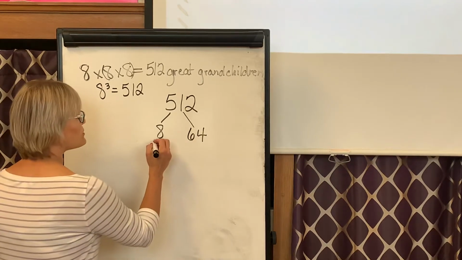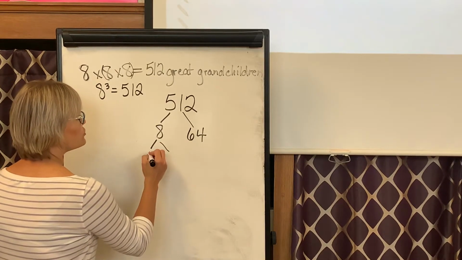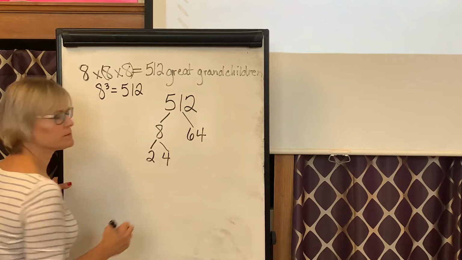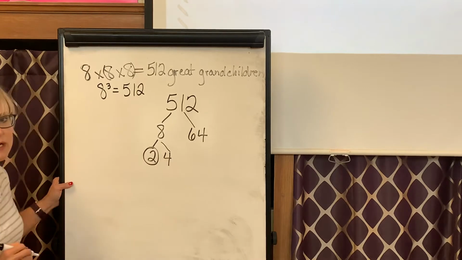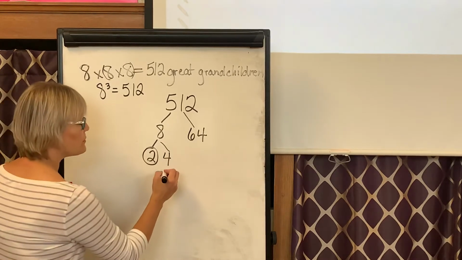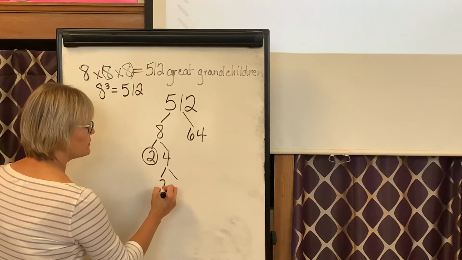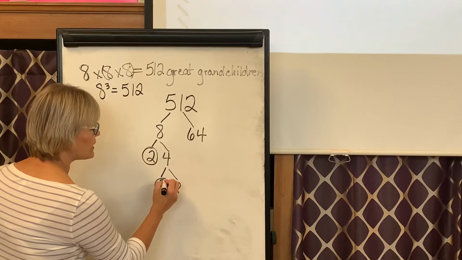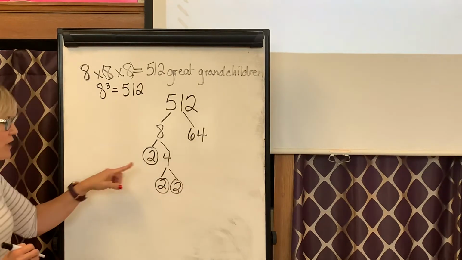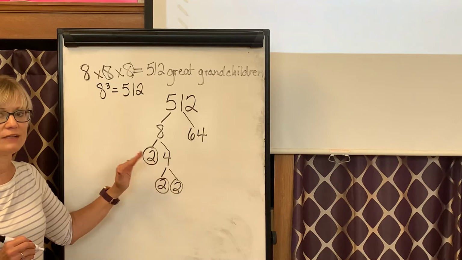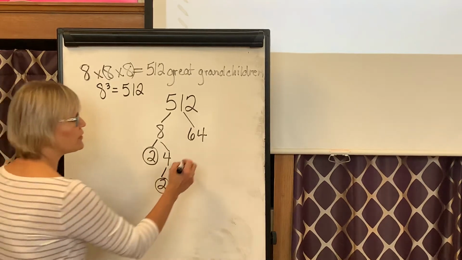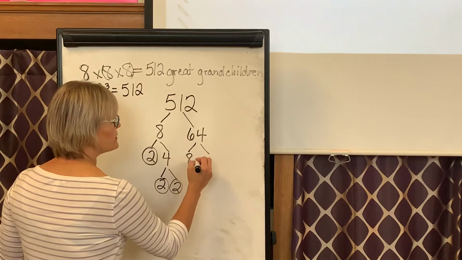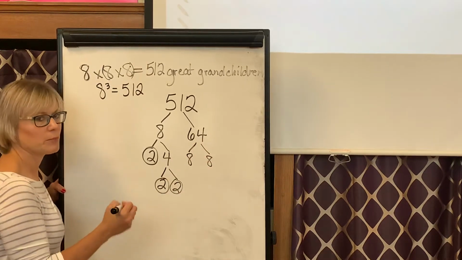All right, so I'm going to start with 8, and I'm going to do 2 times 4. When I look at that, 2 I know is the only even prime number, so I can circle that. But the 4 I've got to keep going: 2 times 2. All right, there we go. Now I've gotten to all the prime numbers on this side. Now I have to go over to 64. I know that 8 times 8 is 64, but I got to keep going.